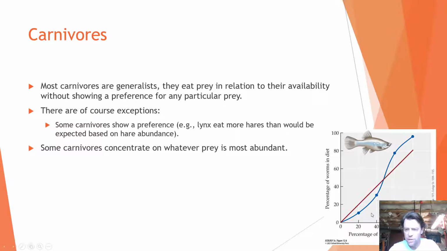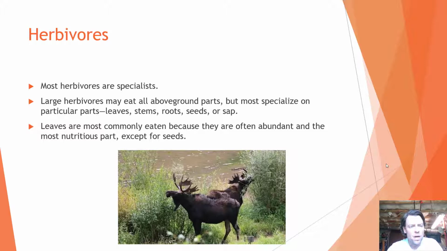When the percentage of prey that are worms is low, they have a low percentage of worms in their diet. As that increases, as there becomes more and more availability of worms, then they switch to eating more of the worms.